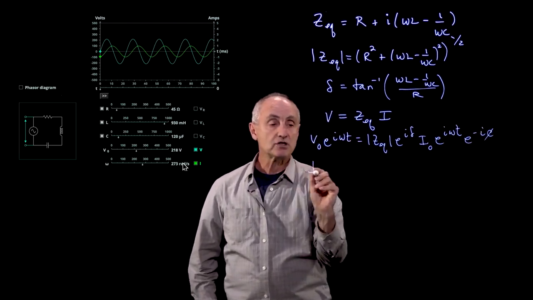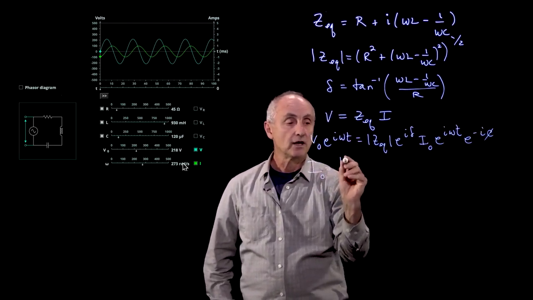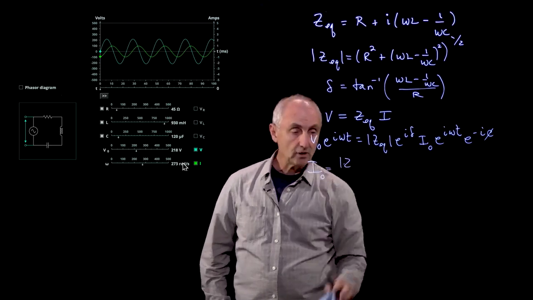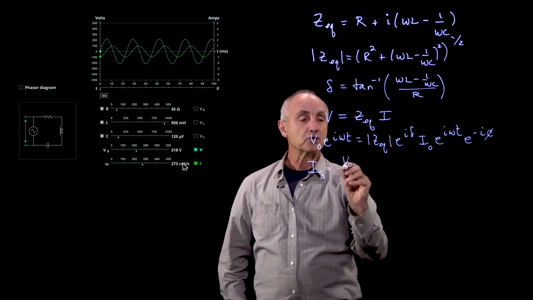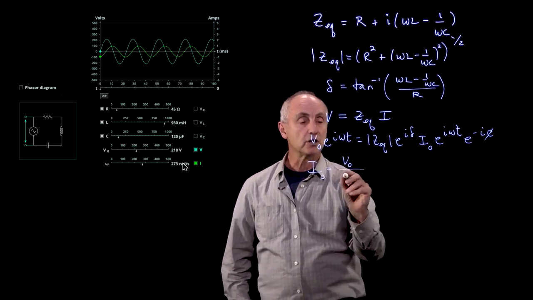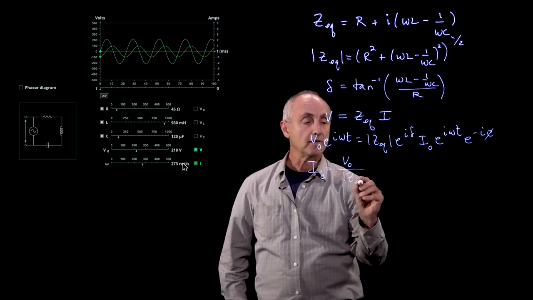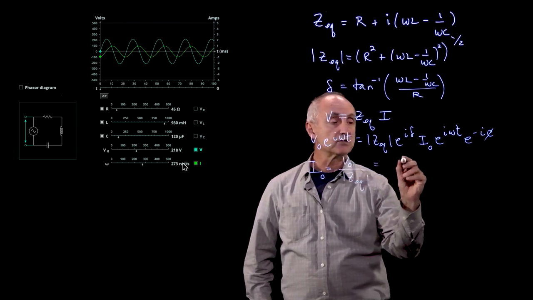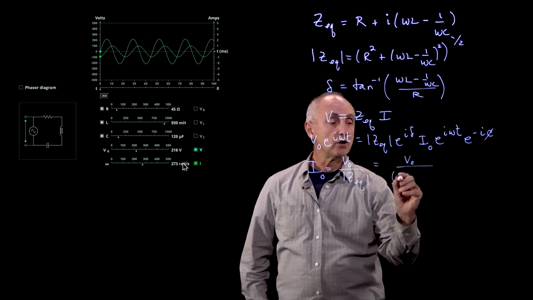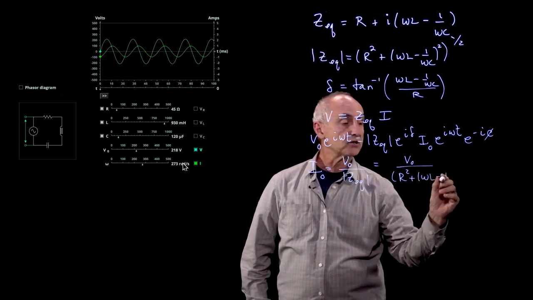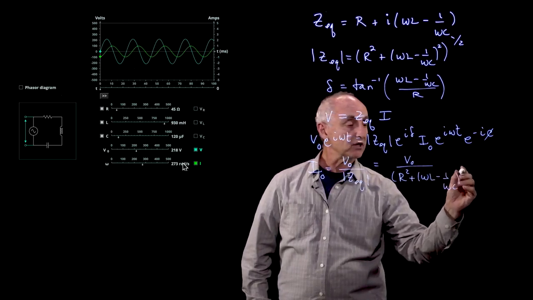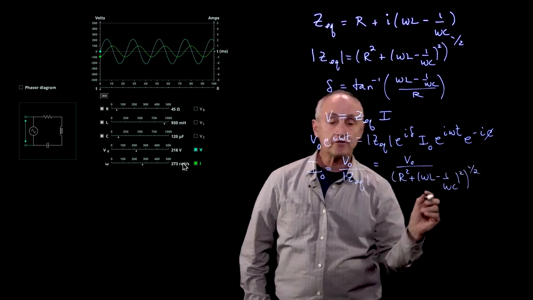And so just like all of our other cases, the amplitude of the current I, I have to be a little careful here, that's the amplitude of the oscillatory voltage divided by the amplitude of the equivalent impedance. So that's V naught over R squared plus omega L minus 1 over omega C squared, to the 1/2.